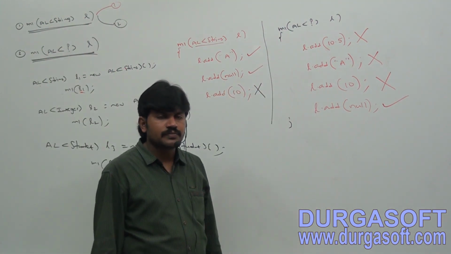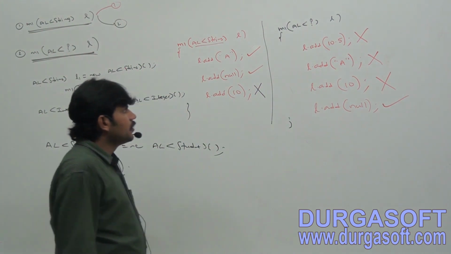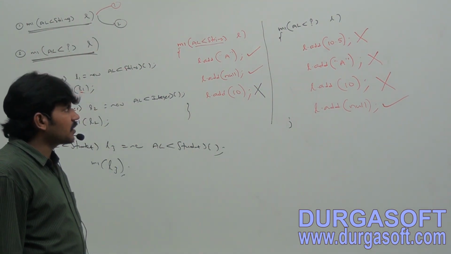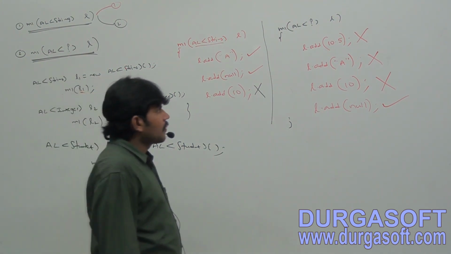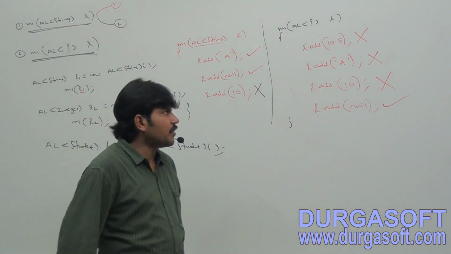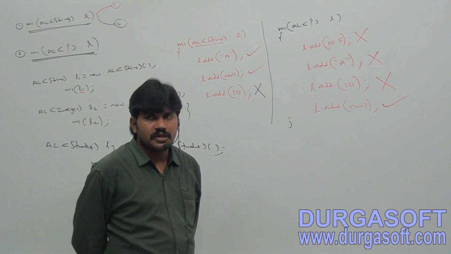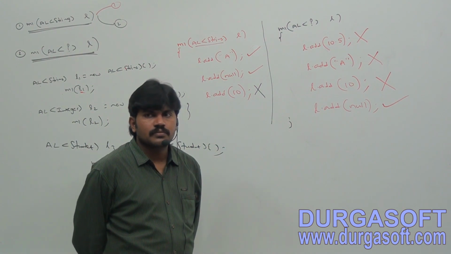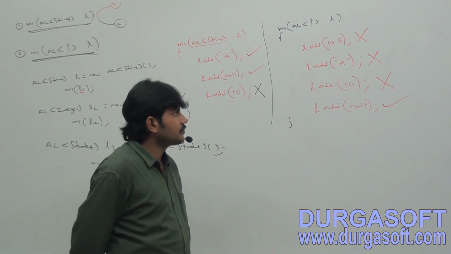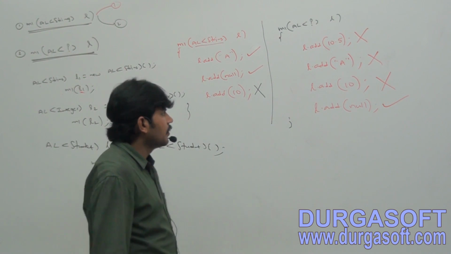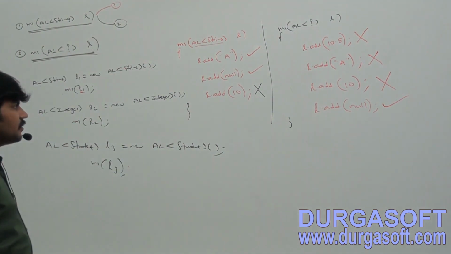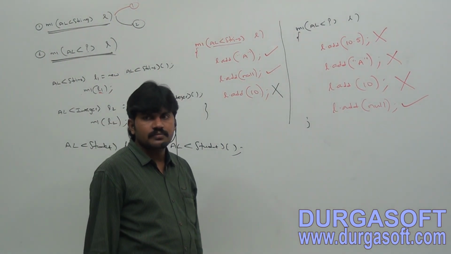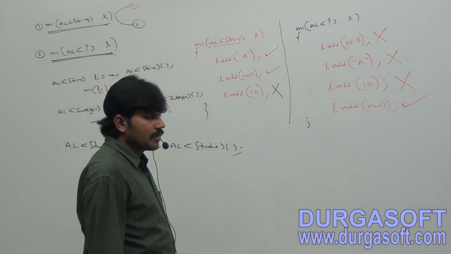M1 of ArrayList of question mark L. So L.add(10.5) is invalid. L.add("A") is invalid. L.add(10) is invalid. Next, L.add(null) is valid.